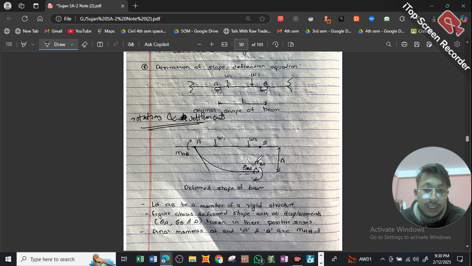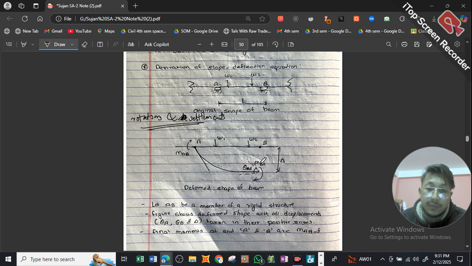As you can see, due to the point loads W1 and W2 on this beam, there are moments being applied. We have a moment at A with respect to B, and a moment at B with respect to A. Similarly, we have rotations as well, and deflections as well.